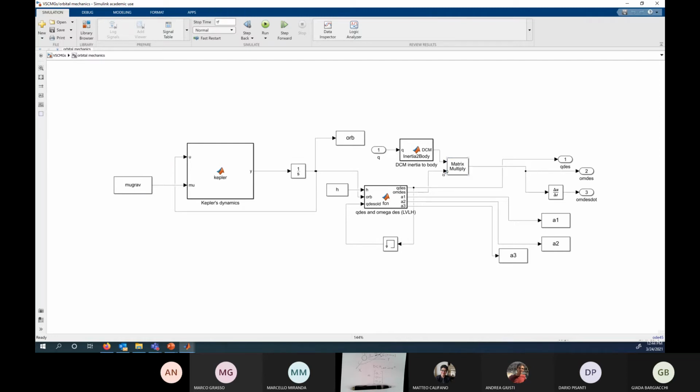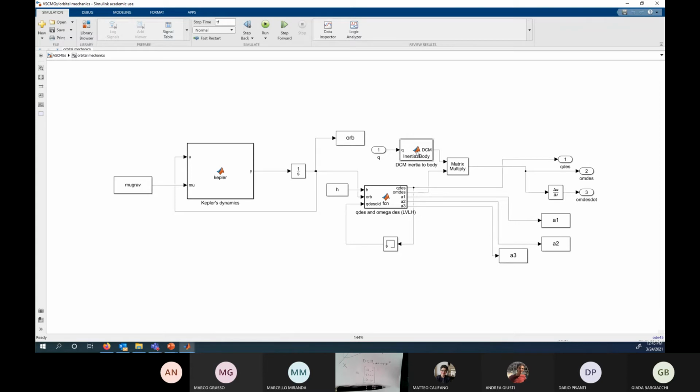So eventually we'll have to close the loop and control the satellite's orientation so that it follows the LVLH motion, right? But why am I taking this omega desired, and before outputting it to whatever is happening after the control logic, why am I pre-multiplying that times this inertia matrix?